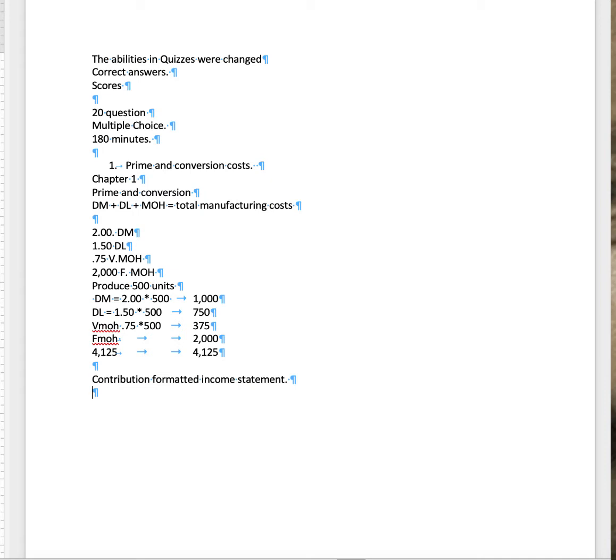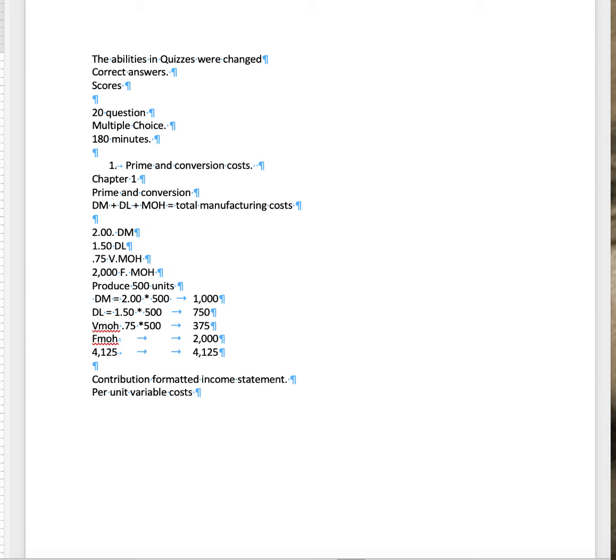So if you have a question that asks, hey, what is the per unit variable cost of a product that we sell, okay? You have to recognize now we're getting away from product and period costs. Now we're looking at variable cost, now we're looking at fixed cost, and we're segregating, okay?